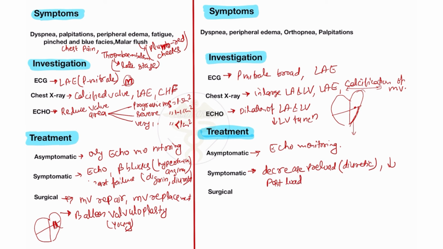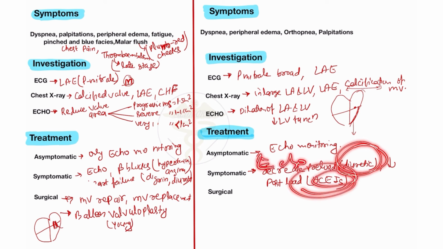For postload decrease we will give ACE inhibitors. So in the symptomatic patient we will provide diuretics and ACE inhibitors, and echo management is always done for the symptomatic type of patient.